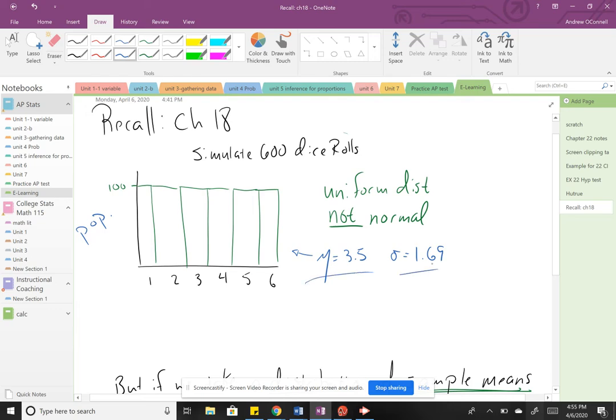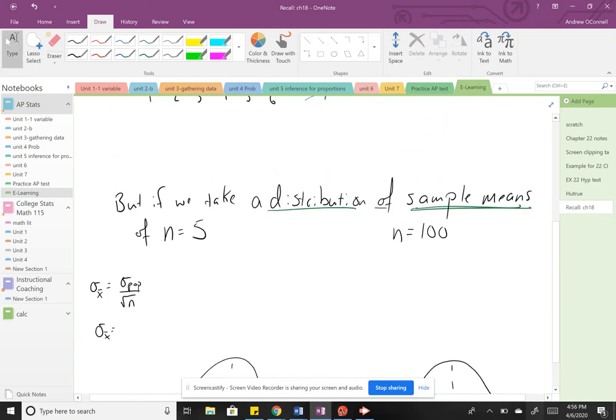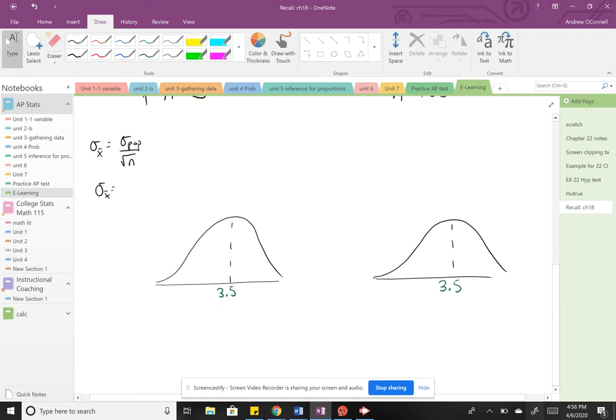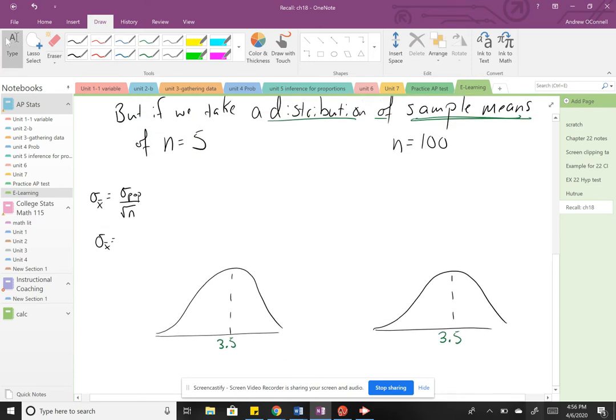Anyways, we're going to use these because this distribution of sample means is centered at that 3.5, but the distribution of these sample means does not have the same standard deviation and is dependent on our sample sizes. We take the standard deviation of the population, 1.69, divided by the square root of n. And I think this one came to 0.76.